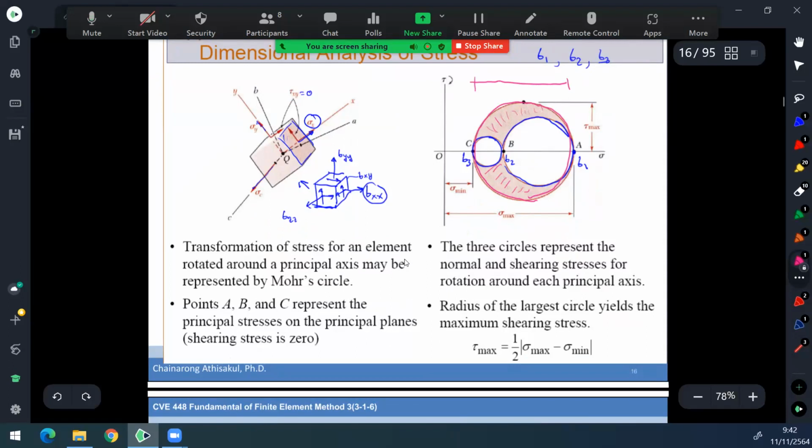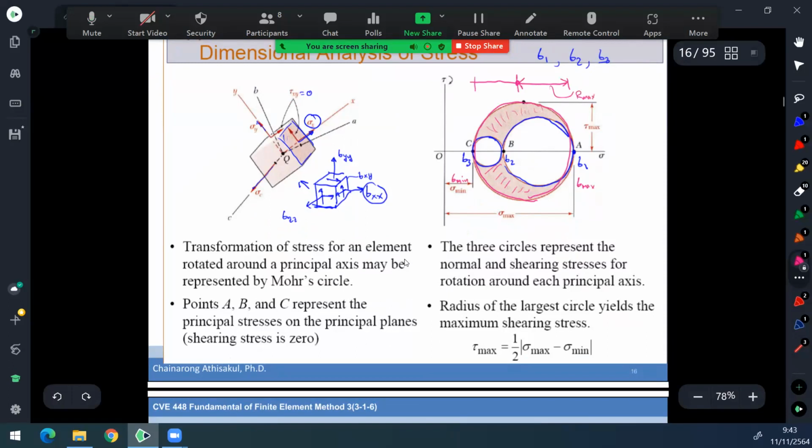That is the big one. So the maximum shear stress is equal to this, that is the R max. Shear max is equal to sigma max minus sigma min over 2.